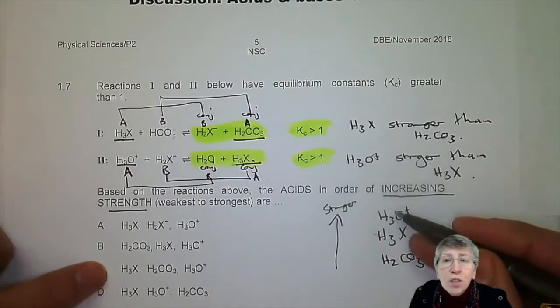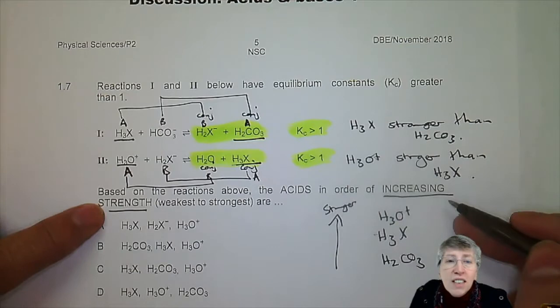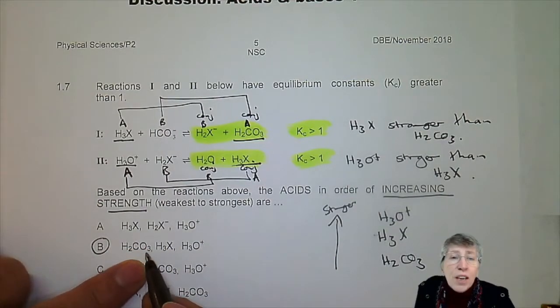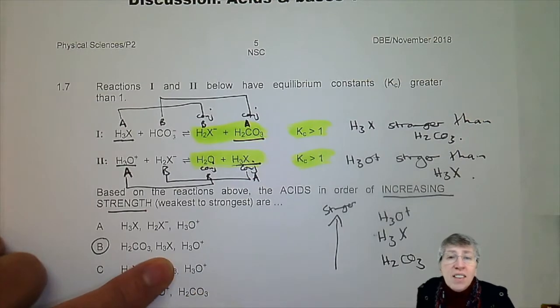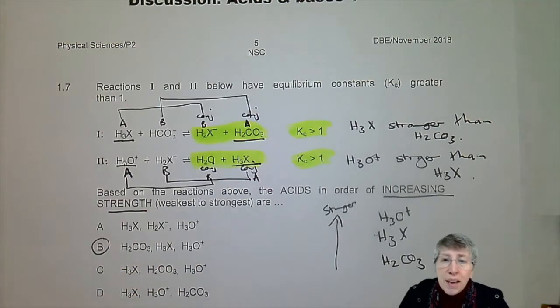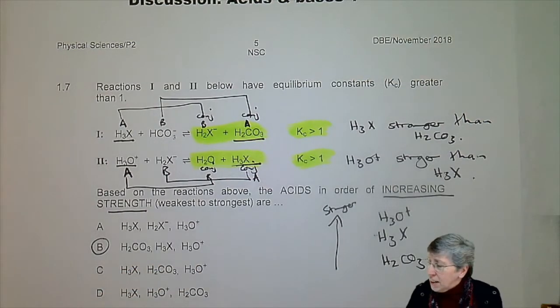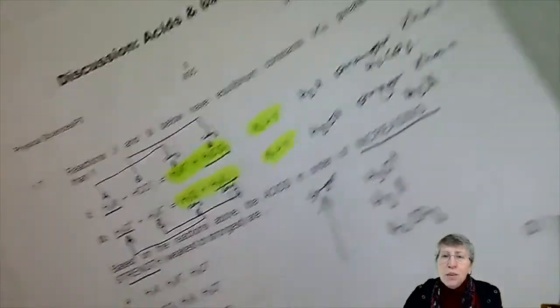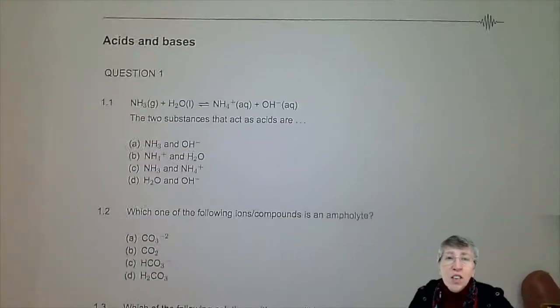So from weakest to strongest, it will be the carbonic acid, then H3X, and then the hydronium ion. Now, we are going to do some more multiple choice questions because that's so nice to know if you understand your work.